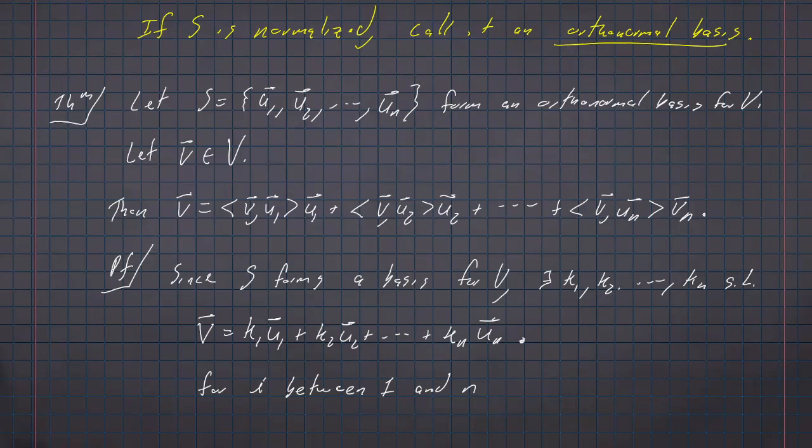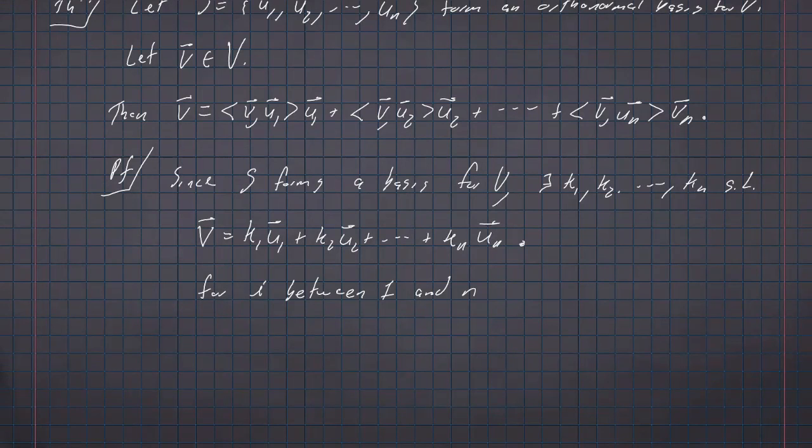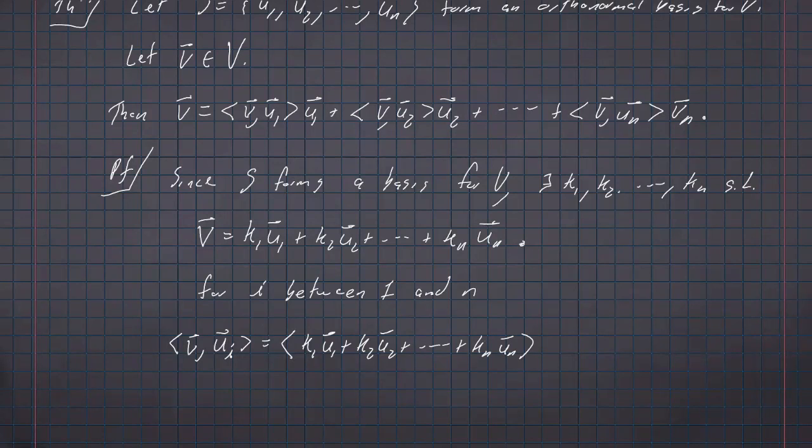Now, for i, something between 1 and n, I am going to take the inner product of V and Ui. So that's the inner product of that linear combination, K1U1 plus K2U2 plus dot dot dot plus KnUn, with Ui.